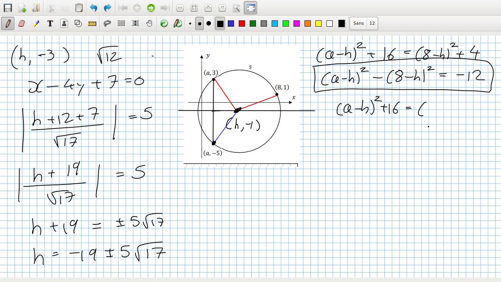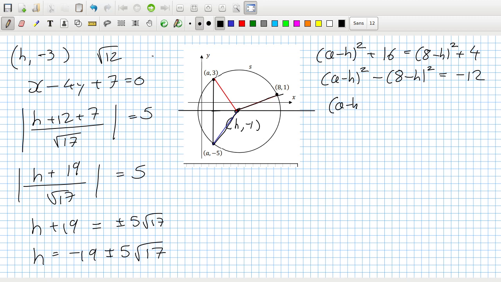So I'll have to go with this one and this one. So that will be, I'll do it the other way around, a minus h squared plus minus 5 minus 1 squared, that's 16, equals this one here.